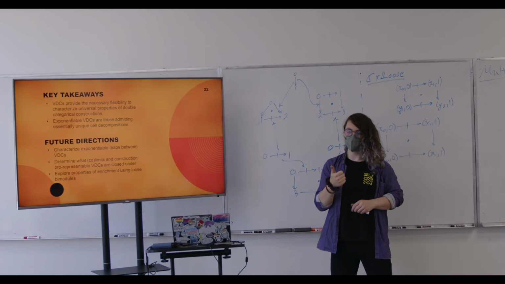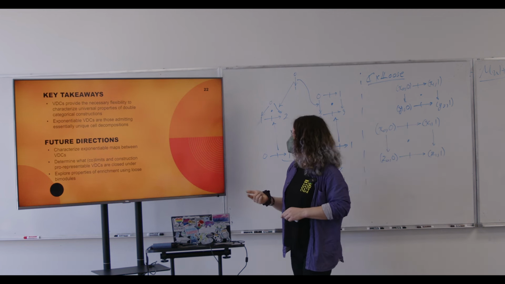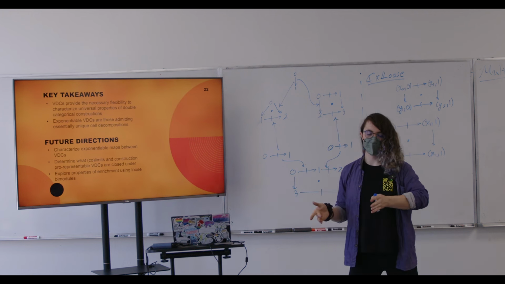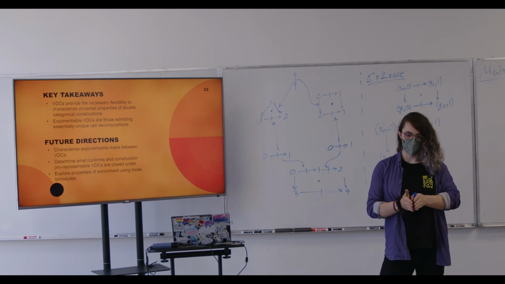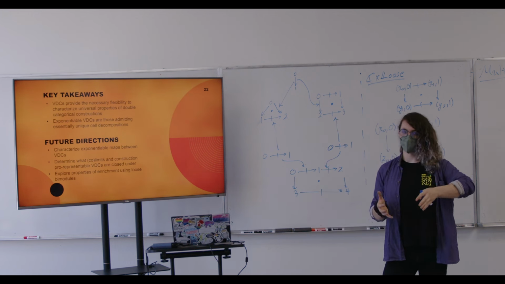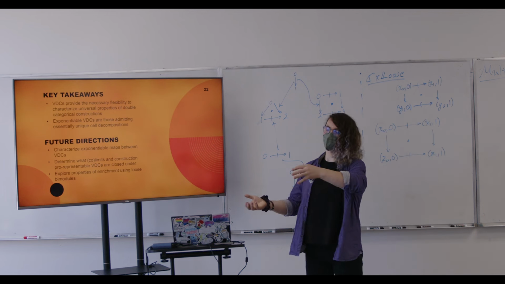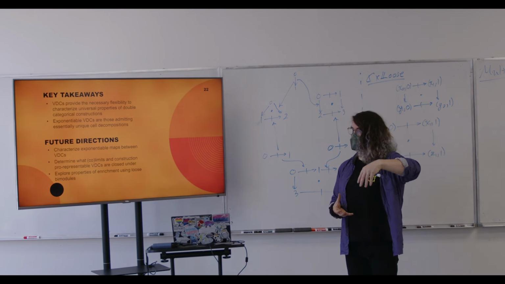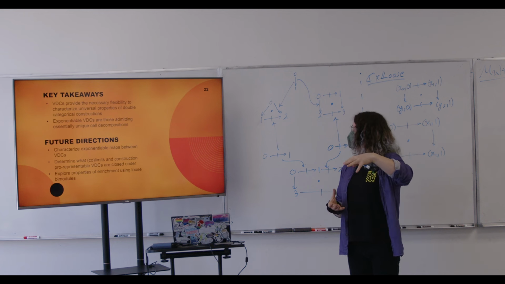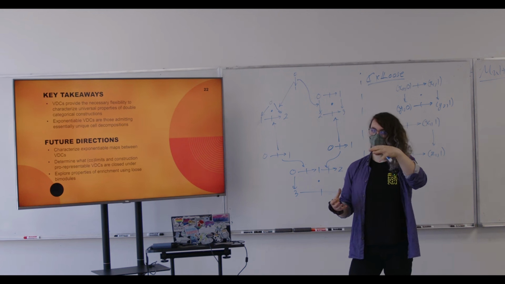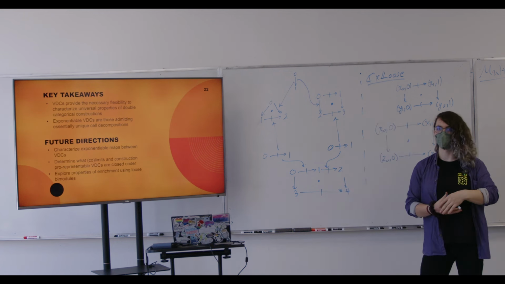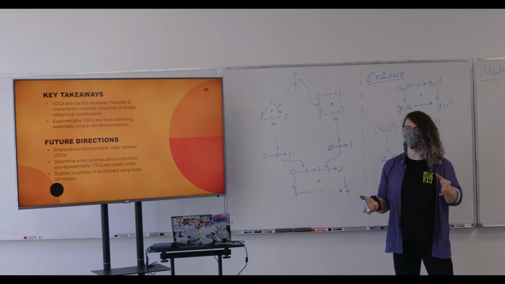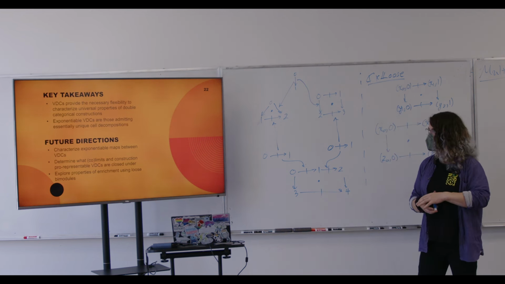Another thing: now that we have these pro-representable virtual double categories, there are more of them than just the pseudo double categories, but not all virtual double categories are pro-representable. So I want to start thinking about what constructions they are closed under, in particular what limits and colimits. Can we take filtered colimits of pro-representable things and get a pro-representable thing, stuff like that?